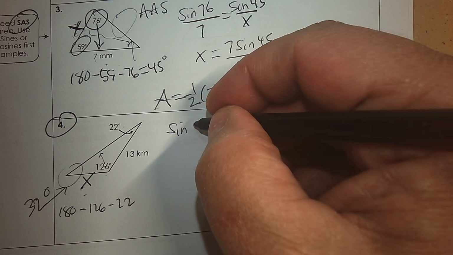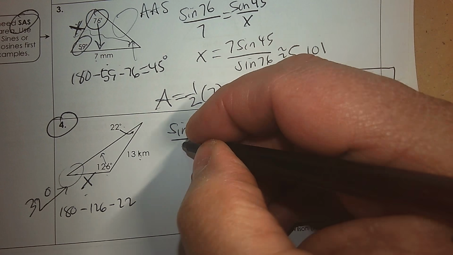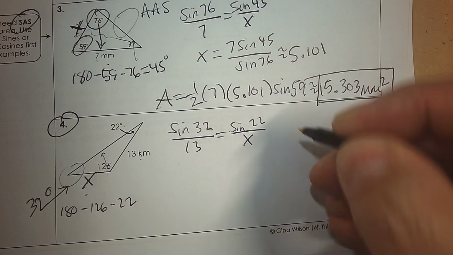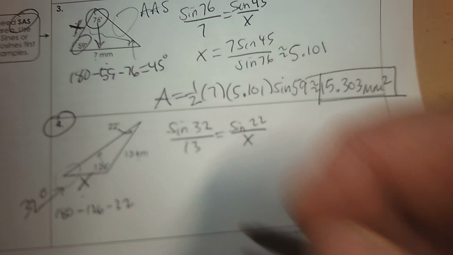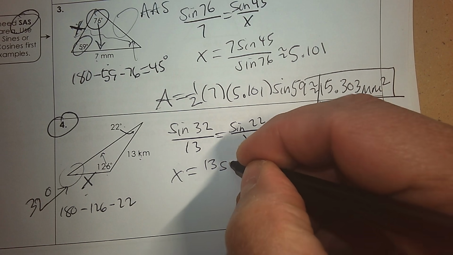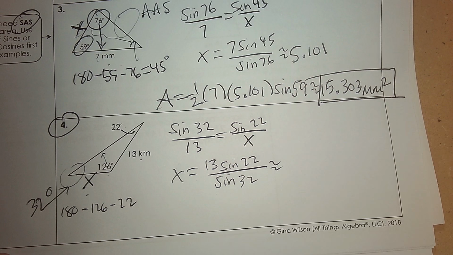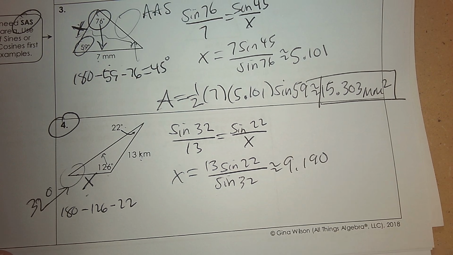So now I can go sine 32 over 13, sine 22 over x, and then solve for the missing side. So that's 13 times sine 22 divided by sine 32. And it's 9.189, or 9.190 if you round it.